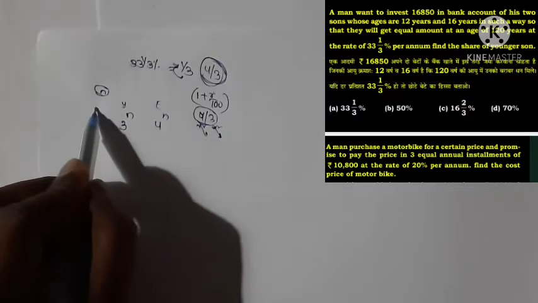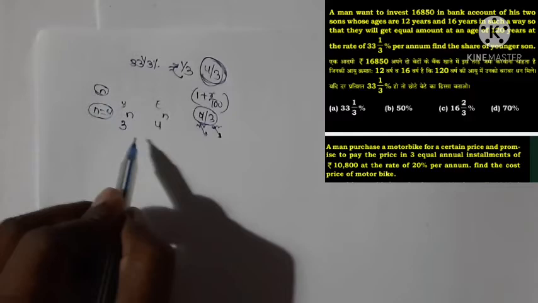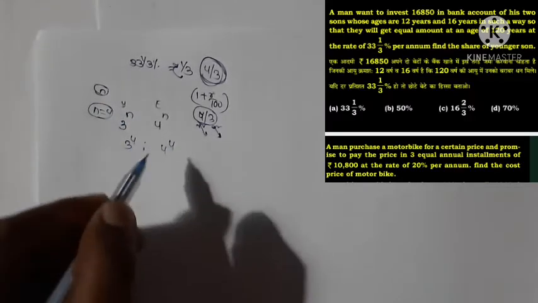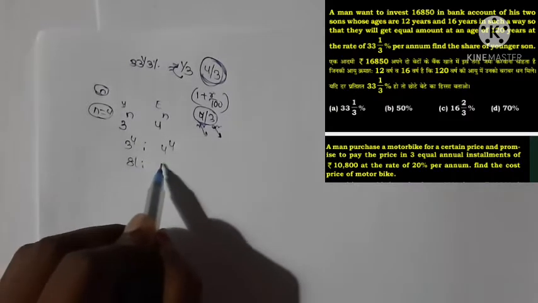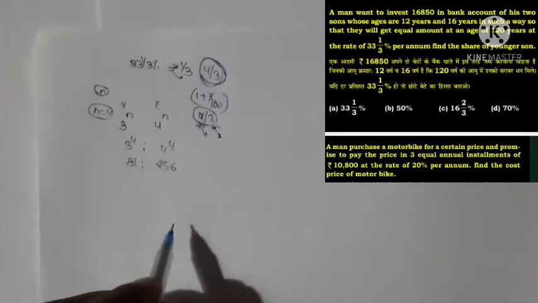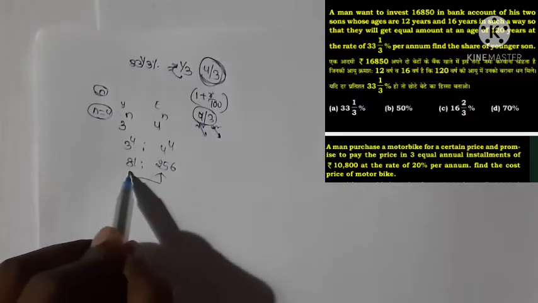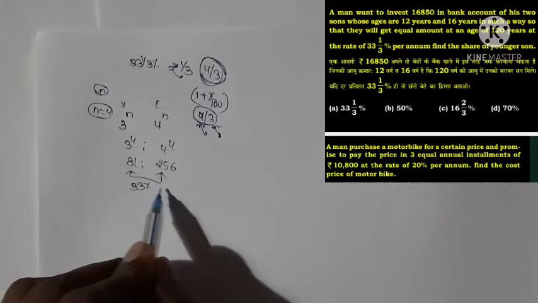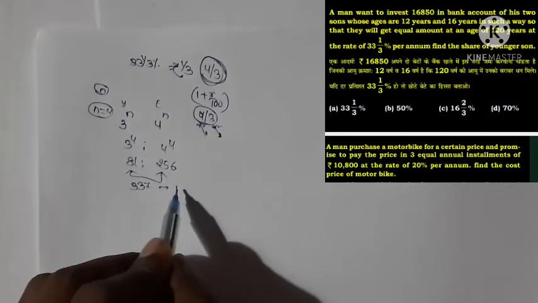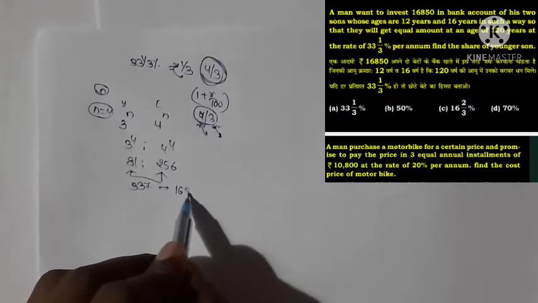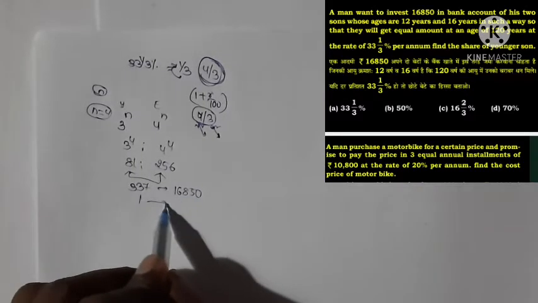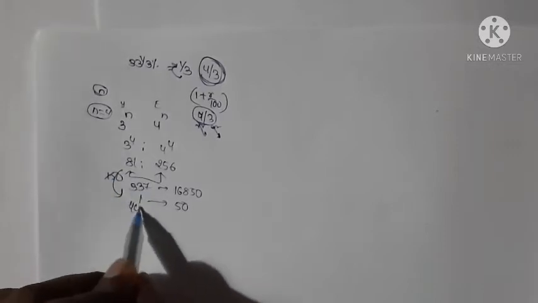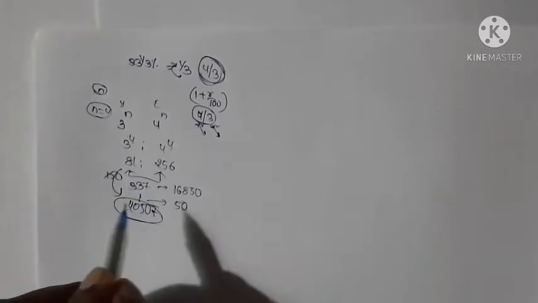Here n is equal to 4 years, so 3 power 4 is to 4 power 4. So 81 is to 256. So they are distributed in the ratio of 81 is to 256. So total 337 units represents 16,850. So 1 unit represents 50. So into 50, the value is 4050 rupees.